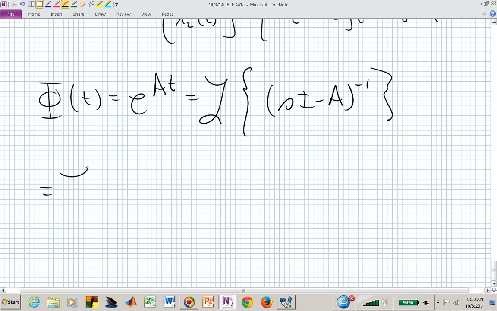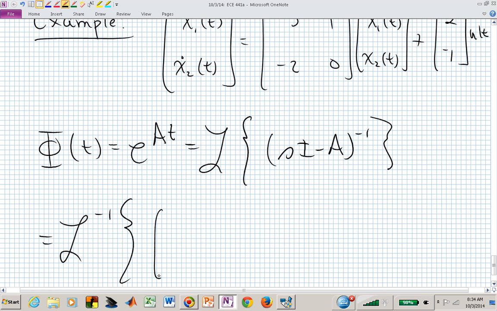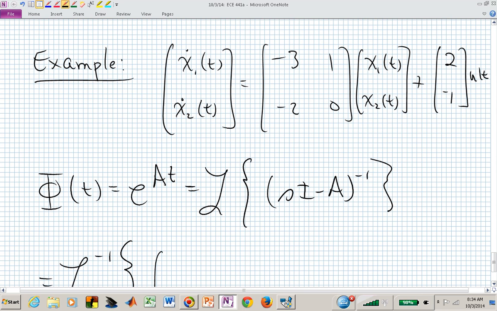So now that's going to be the inverse Laplace transform of what matrix? How big is my identity matrix? It's 2 by 2, and I have s's on the diagonal. I now have s in the 1, 1 entry and an s in the 2, 2 entry. I simply have to subtract the 4 elements of A from those 2 diagonals and the 0 off diagonals.